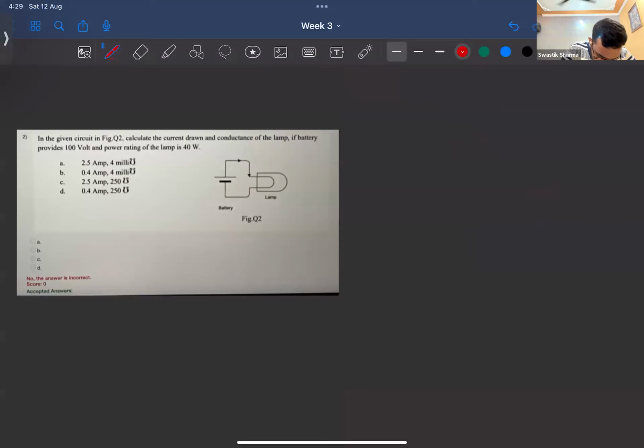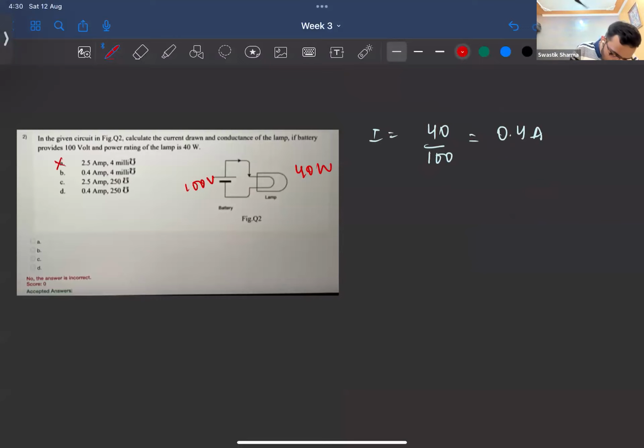Okay, so lamp. The rating of the lamp is 40 watts, and it works if the battery is at 100 volt, and calculate the current drawn and the conductance. Okay. So how much would be the current? Current is simply wattage upon volt, right? So the current is nothing but 0.4 amps.